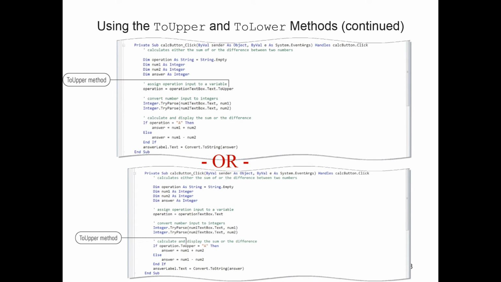So here's two ways of eliminating that uppercase lowercase problem. You can permanently change it to upper in the line of code where we have operation equals operation text box dot text dot ToUpper. So the text in the text box is permanently changed to upper.